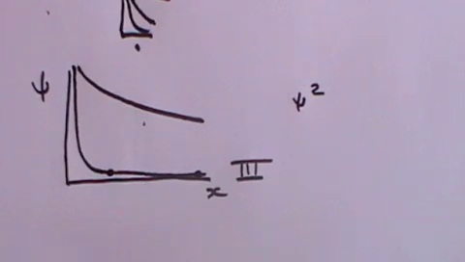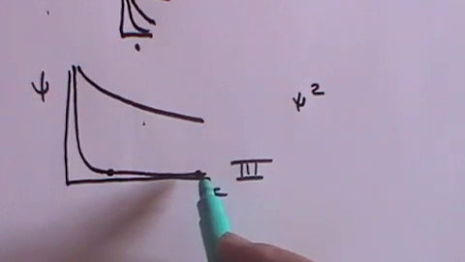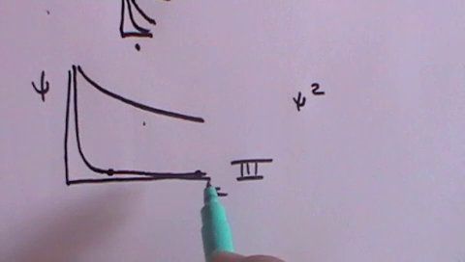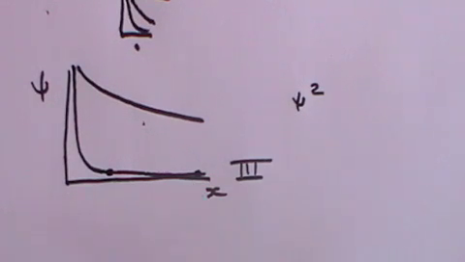It's the probability of finding the particle at that point. So in quantum mechanics terms, what this says is that even though classically there is no way that alpha particle can get into this region, if there's a wave function in this region, then there is a probability that the particle can be in this region.